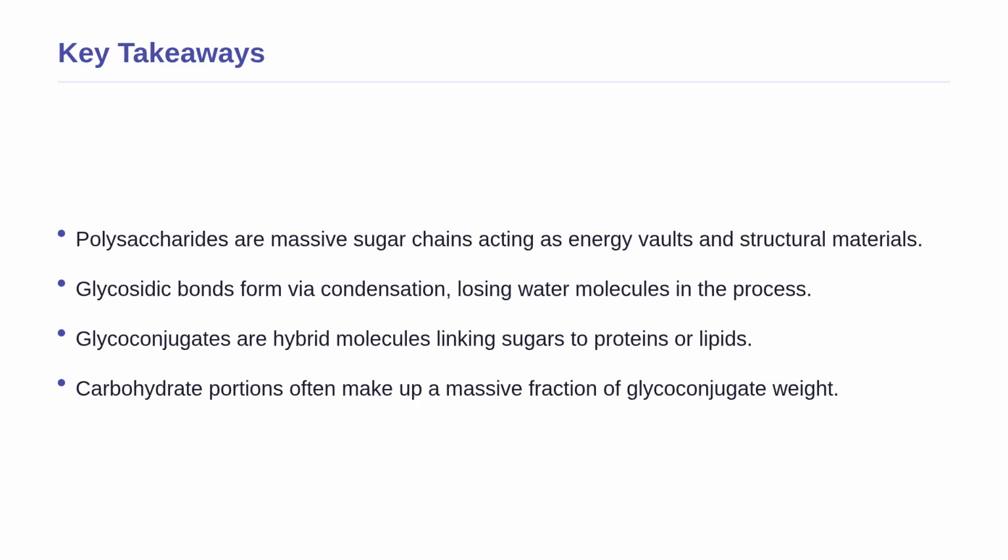Third, glycoconjugates take these sugar chains and attach them to proteins or lipids, creating highly specialized hybrid molecules. Finally, as we saw with the EPO hormone, the carbohydrate portion is often a massive fraction of the molecule's total weight, dictating its stability and function.